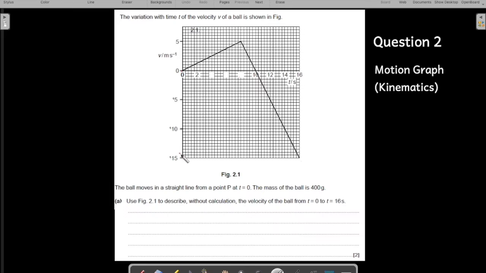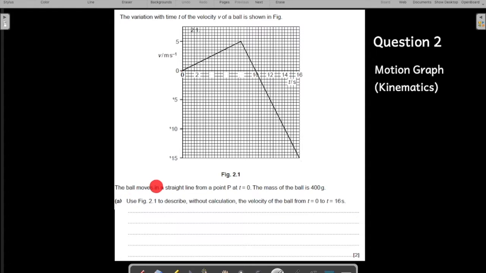So let us now start discussing what's happening in the question. The variation with the time t of the velocity v of a ball is shown in the figure. So what kind of a graph is it? The first thing that you should try to understand is what kind of a graph it is. If you look at the labels, it is a velocity-time graph, right?